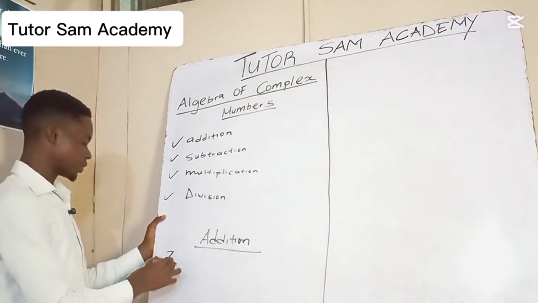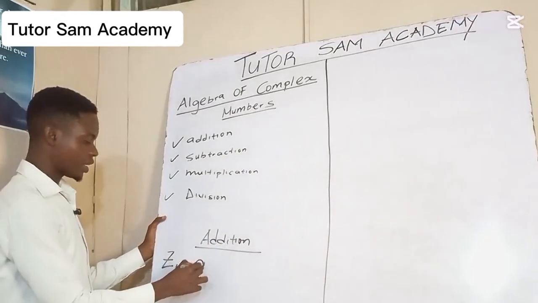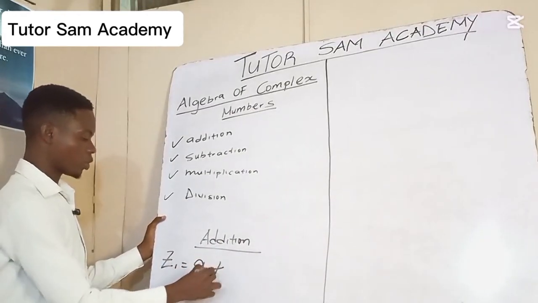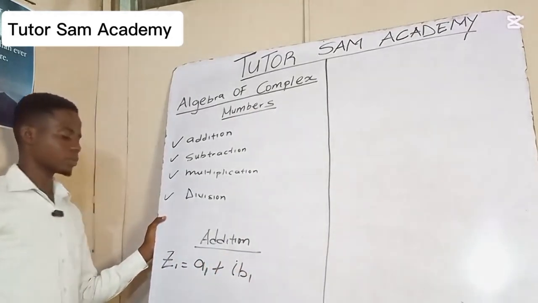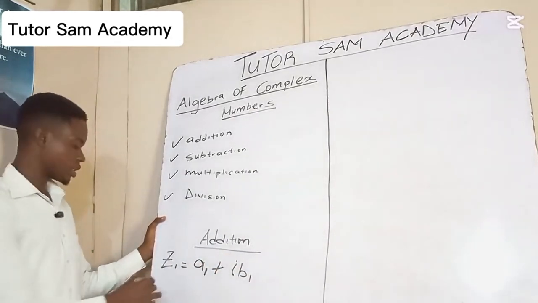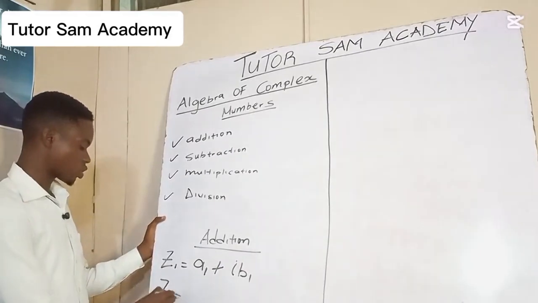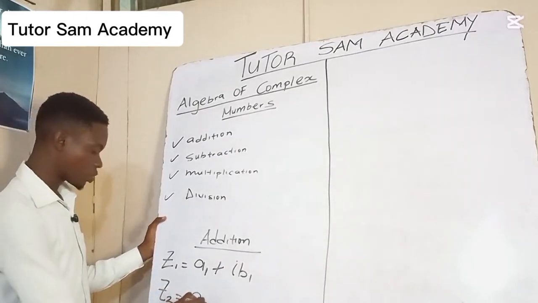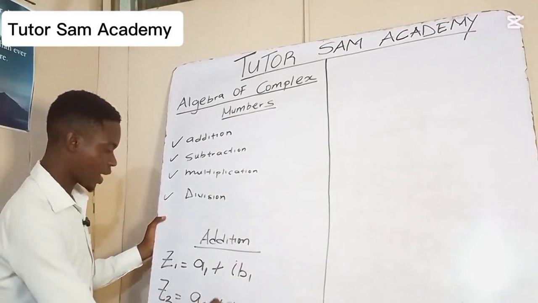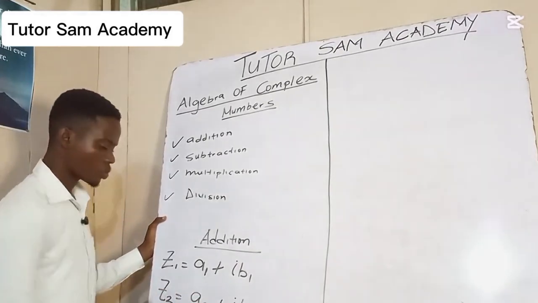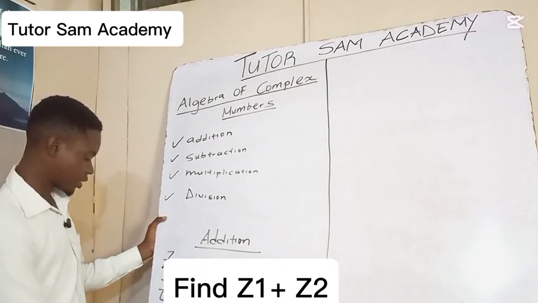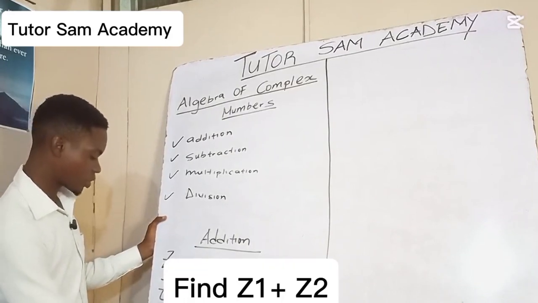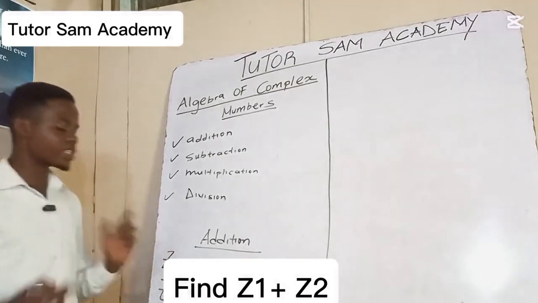Let's say Z1 is given as A1 plus IB1, and you have Z2 to be A2 plus IB2. So if we are to find Z1 plus Z2, let's say this is what you have.